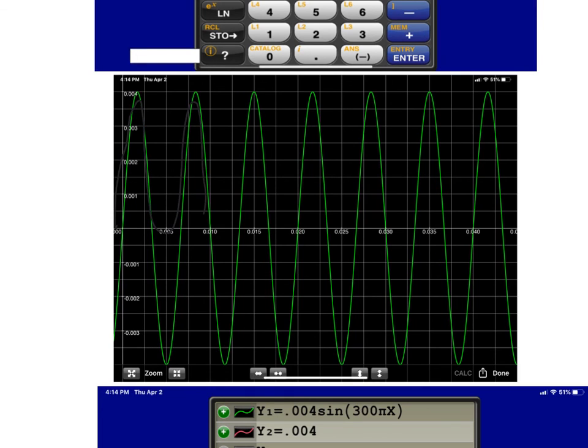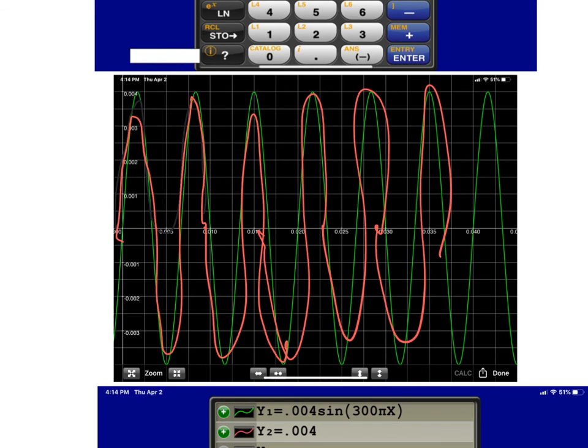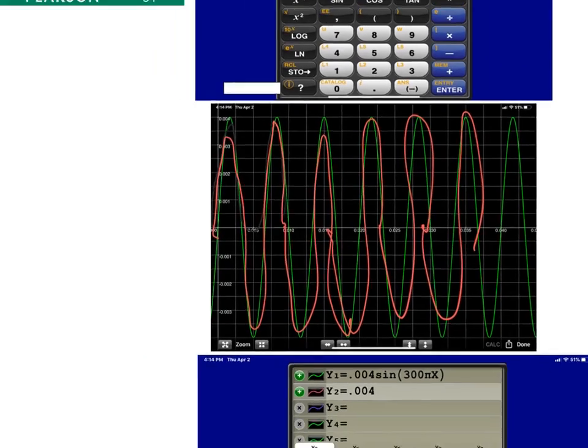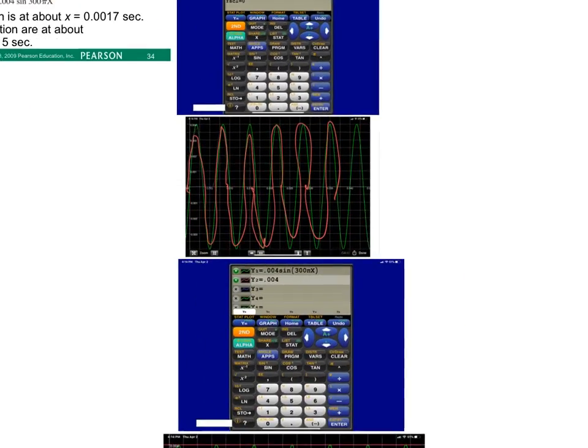1, 2, 3, 4, 5, 6. Okay. Now his picture only showed you up to the 3. I could have changed it up a bit, but I wanted you to see it.